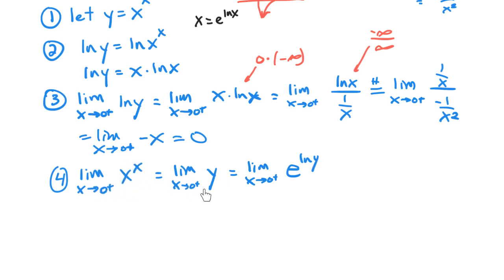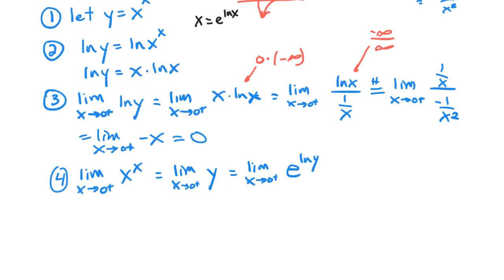Well, we know that's the same as the limit of this, and that's the same as the limit of this. And once we get here, if you look at what we did, we found the limit as x approaches 0 from the right of natural log of y, and that's pretty much where we're at here. So there's a step I'm going to put in here, but it's totally optional.